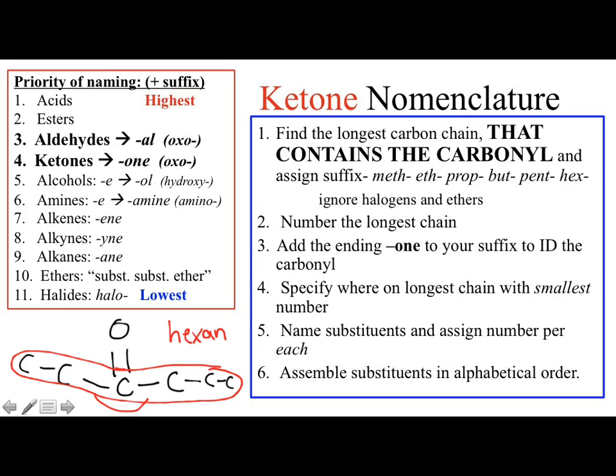But we have a carbonyl in there. So what's our ending going to become? Hexanone. There it is. Where is our carbonyl? At position 3, we get 3-hexanone. There's our name.